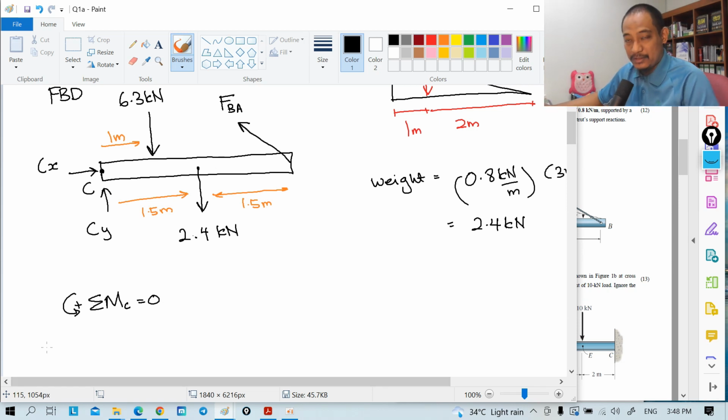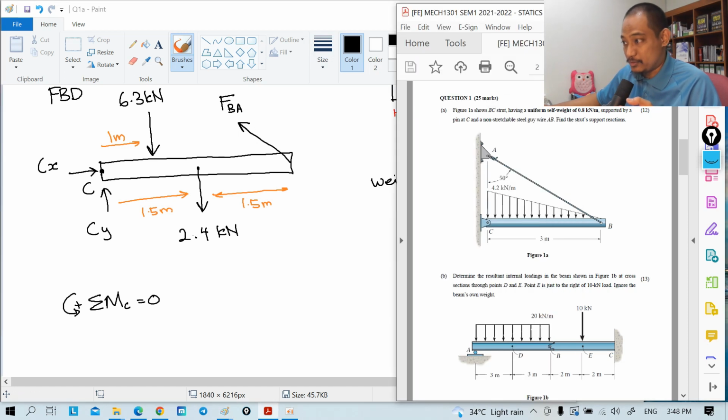When you want to calculate moment, I need this angle, but this angle is not in my free body diagram, which means your free body diagram is not yet complete, because all the information that you need in your equation of equilibrium has to come from the free body diagram. So what is the angle?